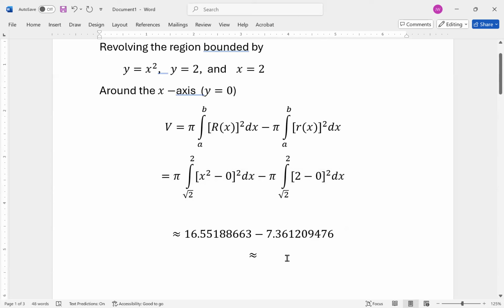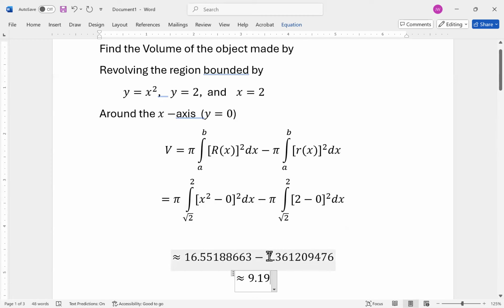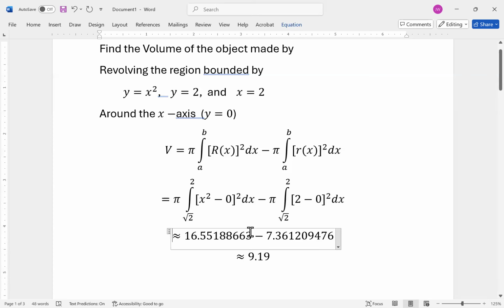I'm just using my calculator. So approximations are perfectly okay with me. But that becomes about 9.19 as my final value that I get by taking this region and rotating it around the x-axis.